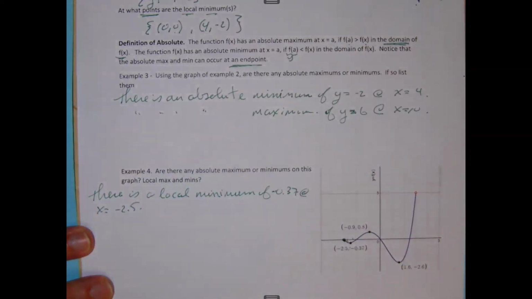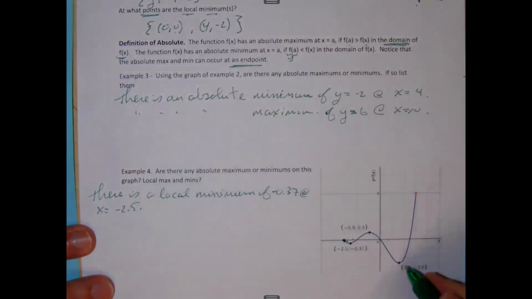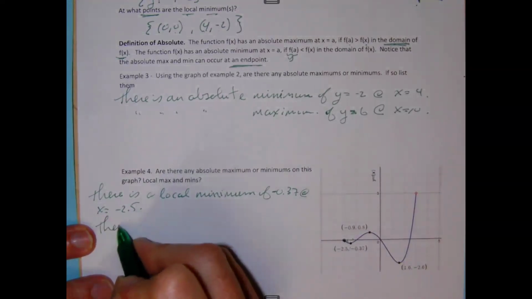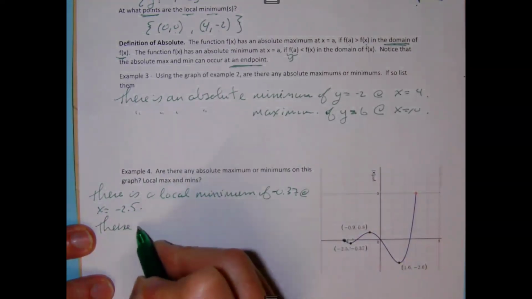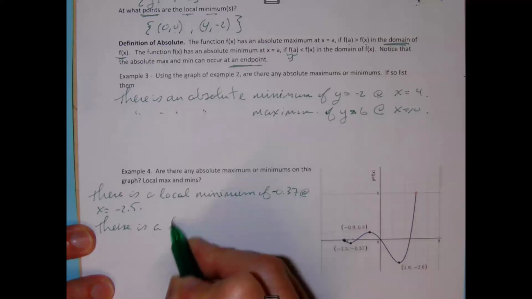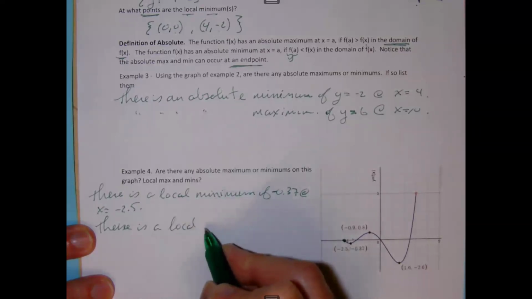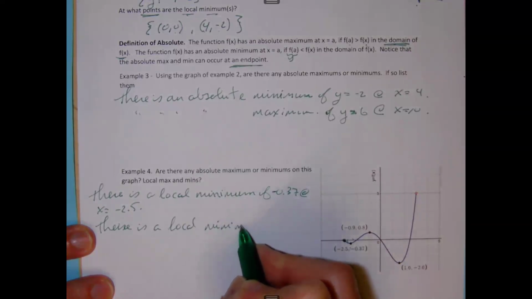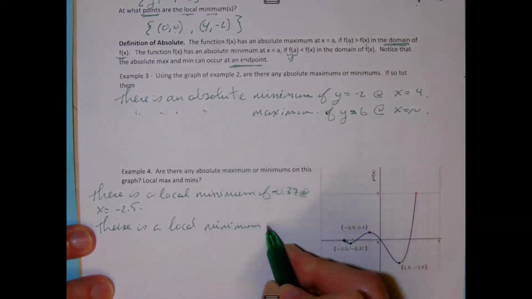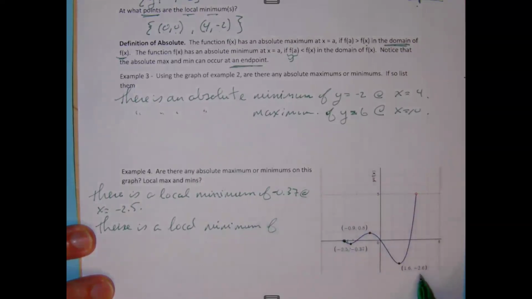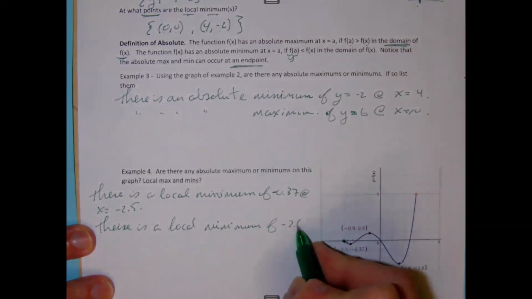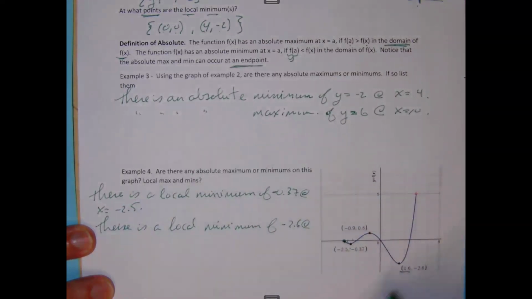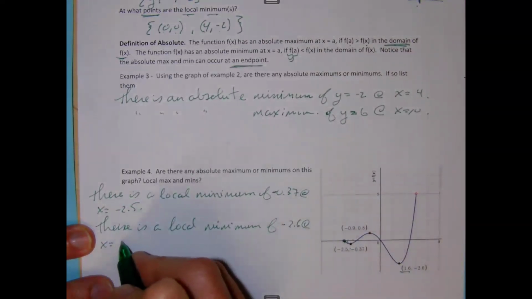Okay. Anywhere else? Well, right here too. There is a local minimum of negative 2.6 at, now read it, x equals 1.6.